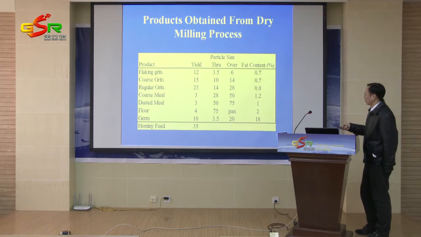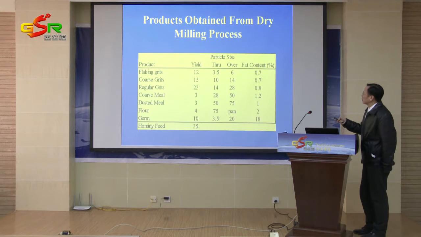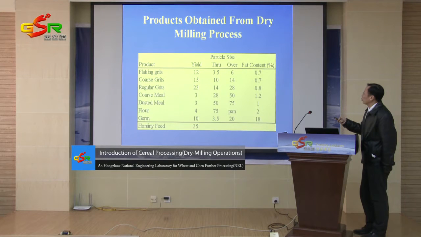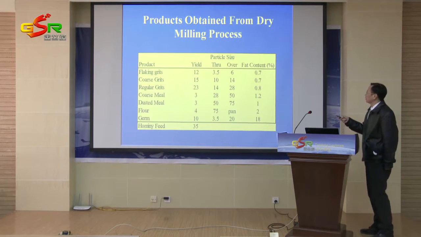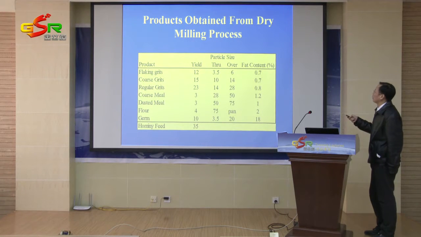For example, for the flaking grits, the yield of the product of processing is 12%, and the coarse grits is 15%, and the regular grits is 23%, and the flaking grits size should pass through ISO number 3 and number 3.5, and should stay over the ISO number 6, and the fat content is about 0.37%.